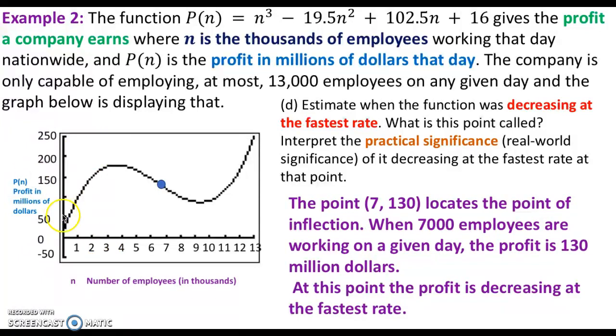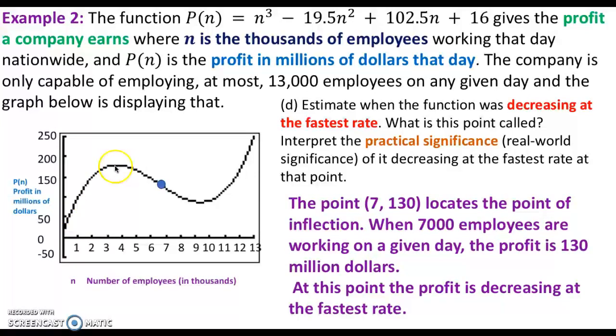Now, if we talk about concavity here and rate of change here, notice when the curve is concave down, but the curve is rising, we say that the curve is increasing, but the curve is slowing down the rate of each increase. In other words, over here it's going up really fast, but then notice it's curving downwards. So we say, okay, it's increasing but less, increasing but less, increasing but less, until it reaches its maximum.